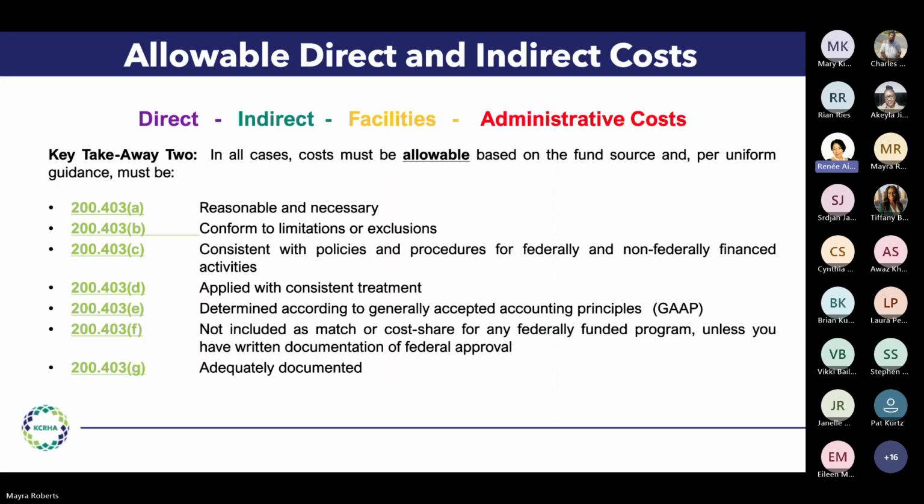And in all cases, all costs must be adequately documented. And so while we only require submission of general ledgers as a part of your monthly desk reviews, that is not the limit of your documentation requirement, right? So anything that you have documented in your general ledger that we review as a part of your monthly invoice review, you must also have the backup documentation for that, right?